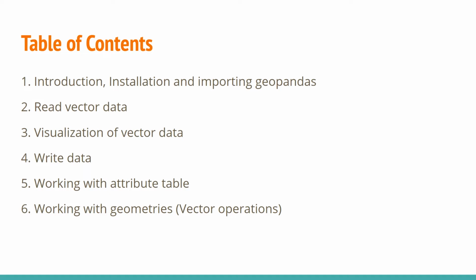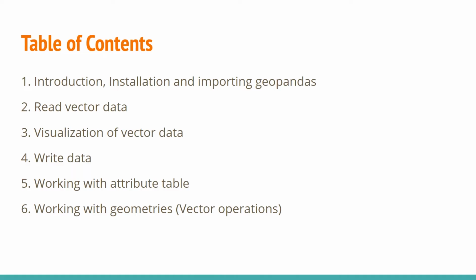After that, I'll show you the process of writing data. That means we do some analysis and then we save it in a file. We can even save a shapefile into GeoJSON or GeoJSON into shapefile. So yeah, we can easily convert the format of our file.